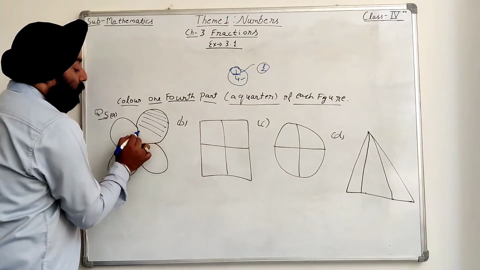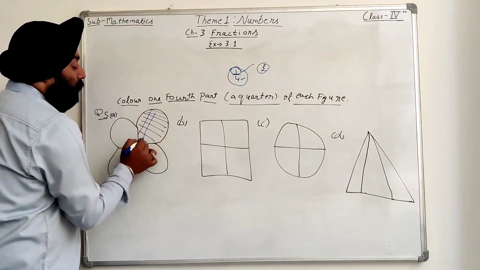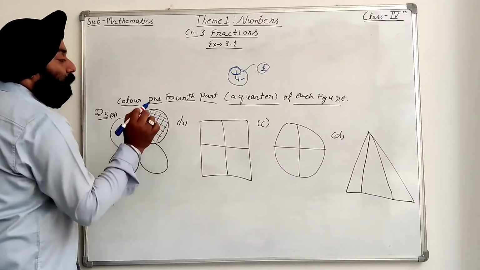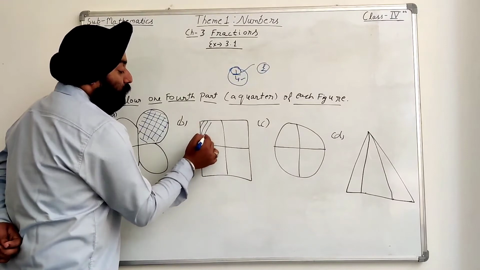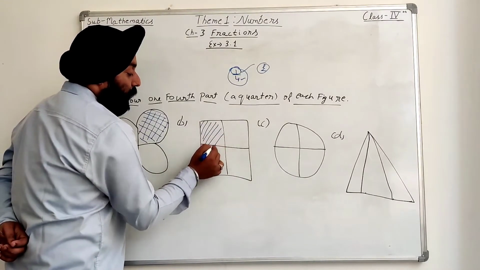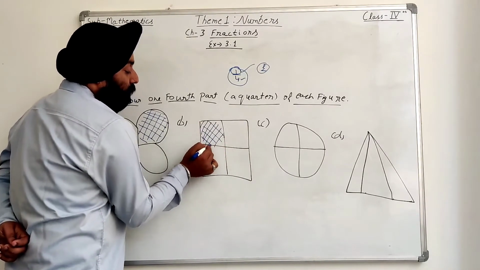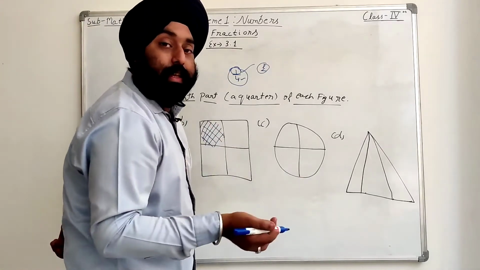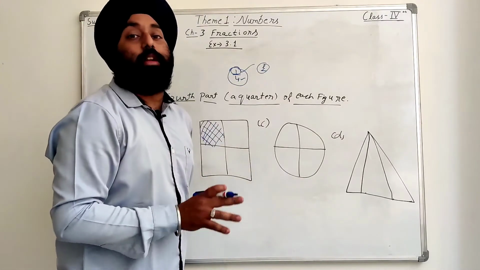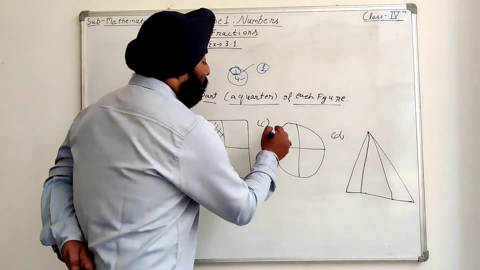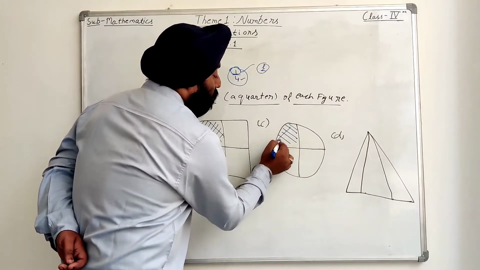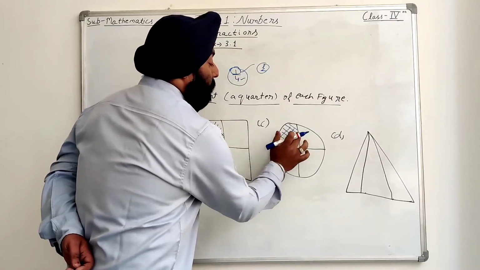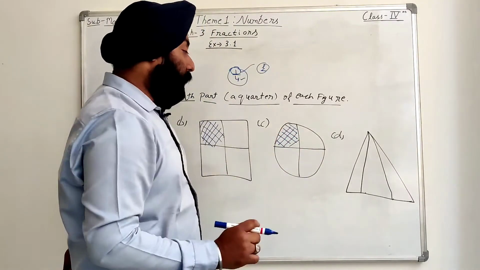That is how we color the part, 1 out of 4. Now in the second part, we also color it like that, or shade it with your pencil. If you don't have any color, you can shade it with your pencil. Now this one, 1 part out of 4 we have to color.